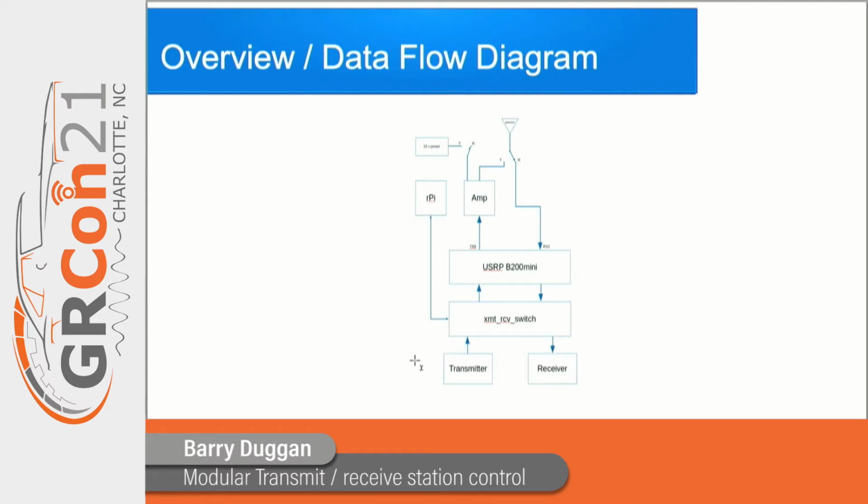On the transmit side, data from the transmitter module goes through the transmit receive switch, through the B200 mini, through a power amplifier, and then to the transmit receive switch and the antenna. So part of the switching process sends a signal to the Raspberry Pi to switch the antenna relay and to switch the power to the power amplifier.